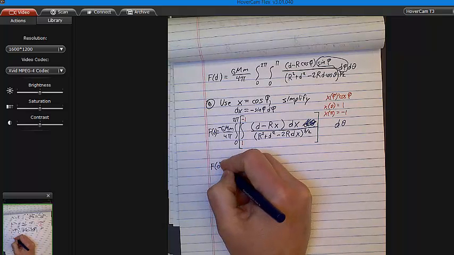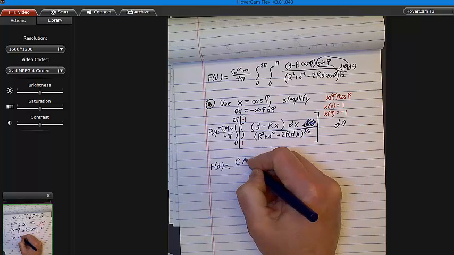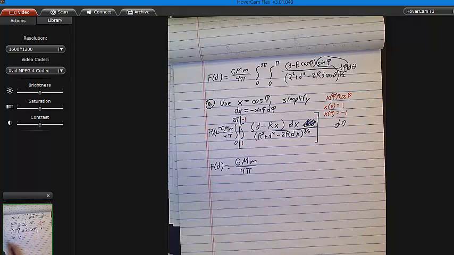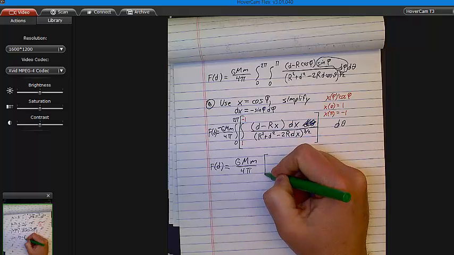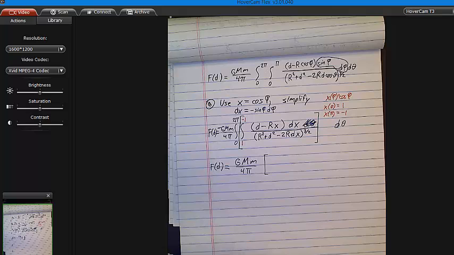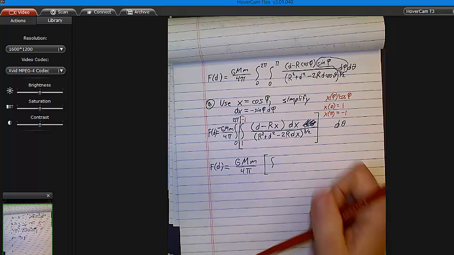F of d is equal to, guys, let's write G big M little m over 4 pi. And remember that negative sign that I brought out? I told you guys what I'm going to do with that, right? I'm going to put it inside the bracket, and I'm just going to change this order of integration. So now that's a -1 and a +1, right?